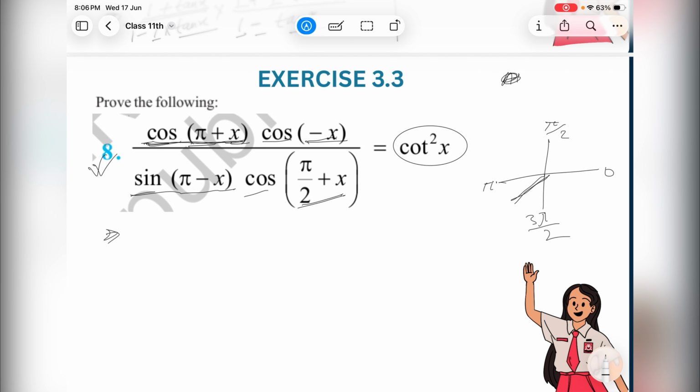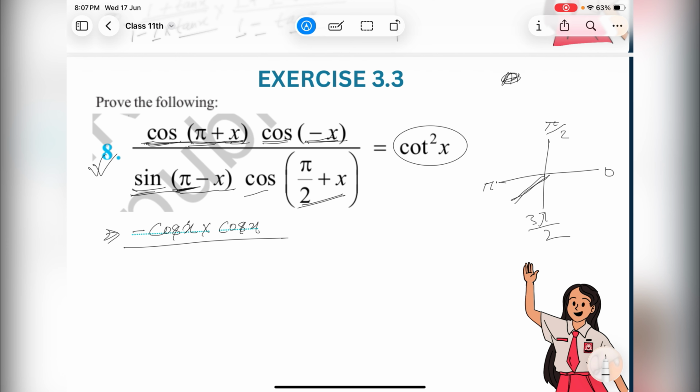So here cos will be negative, right? So it will be minus cos x, right, into cos(minus x) will be cos x, because when we have a negative value in cos, it will convert to positive. So into cos x, right?